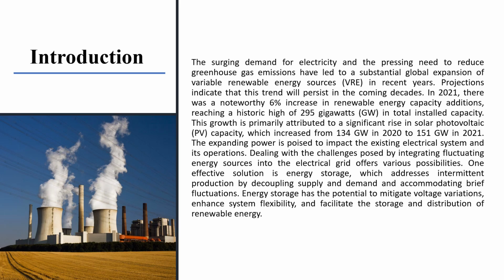Surging demand for electricity and the pressing urge to reduce greenhouse gas emissions have led to a successful global expansion of variable renewable energy sources in recent years. Projections indicate that this trend will persist in the coming decades. In 2021, there was a notable 6% increase in renewable energy capacity additions, reaching a historical high of 295 gigawatts in total installation capacity.